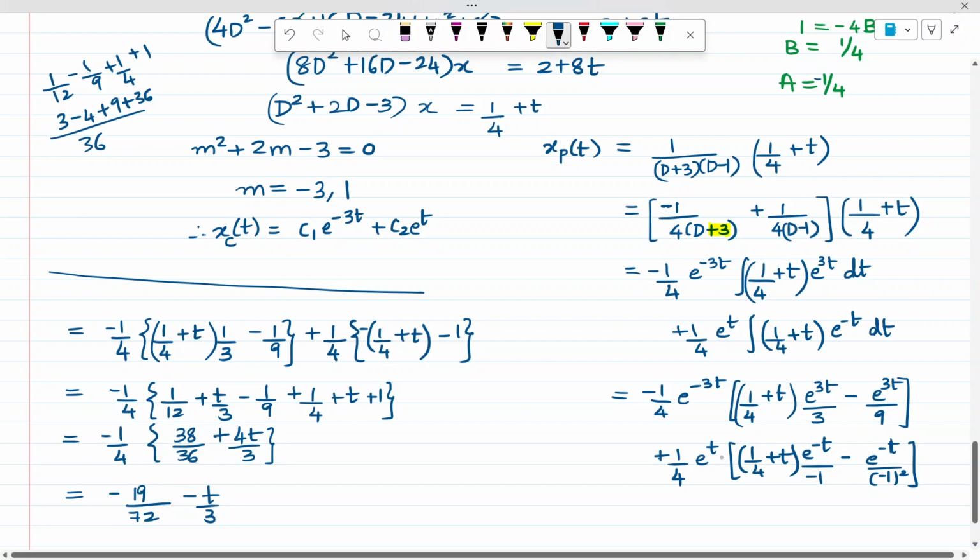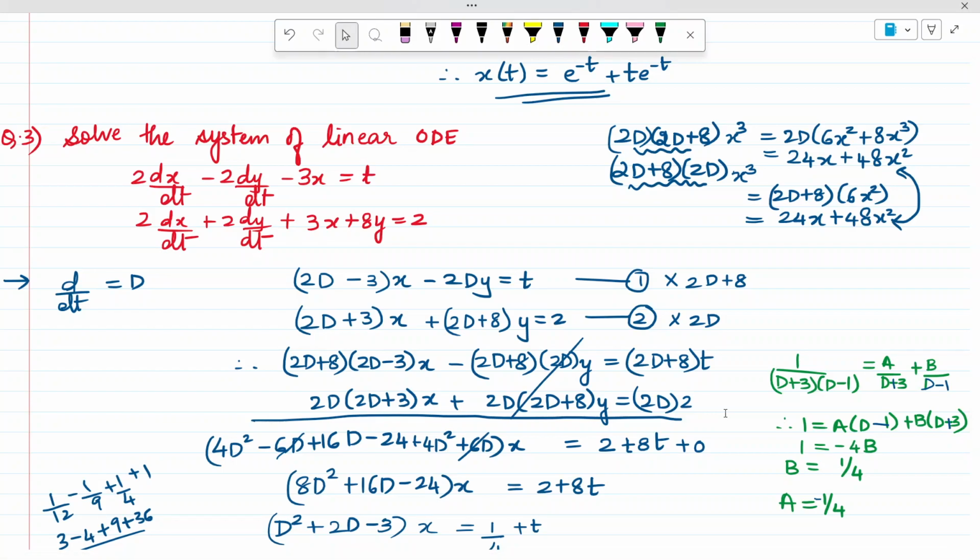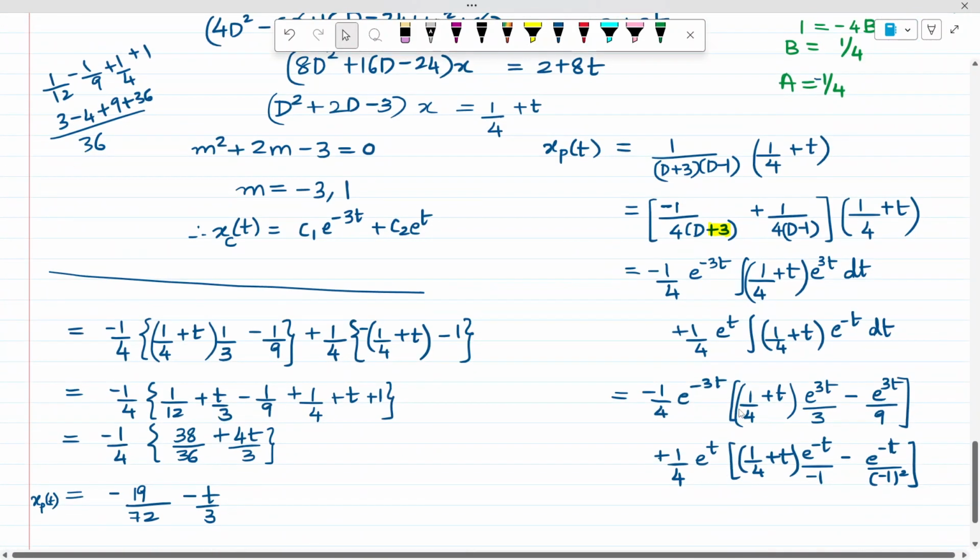We combine it with the complementary function. And is there any initial value given to us? So none of the initial values are given to us. And yeah, I think there's some calculation mistake.